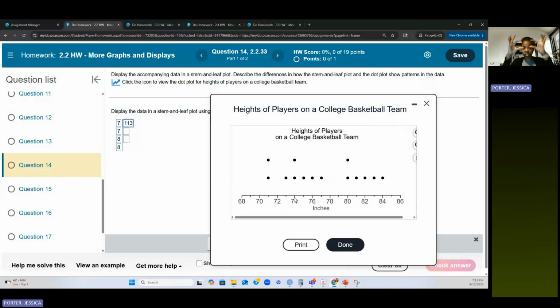Because remember, the first of 2 rows is going to be 0 through 4. So in this case, I'm just not putting the spaces because I want to see if it's going to throw an error for us. All right, in the next one, I've got a 75. So 5, a 76, 6, and a 77, 7.